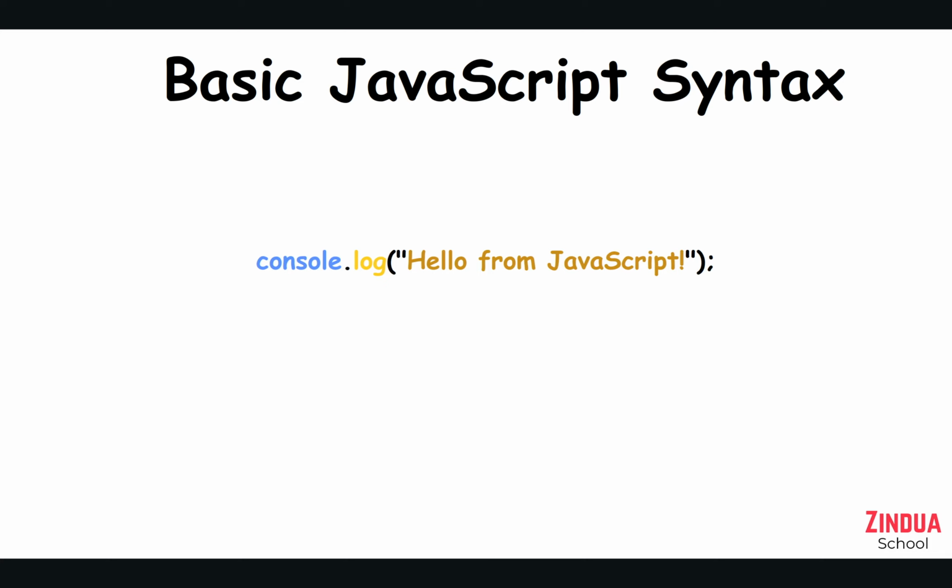For instance, in JavaScript, the way sentences end with a full stop, each reasonable line of code should end with a semicolon. Now, this is not mandatory, it's usually optional, but for best coding practices, always make sure each line of reasonable code ends with a semicolon.